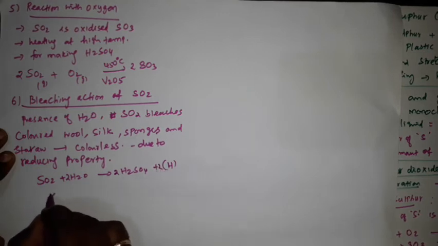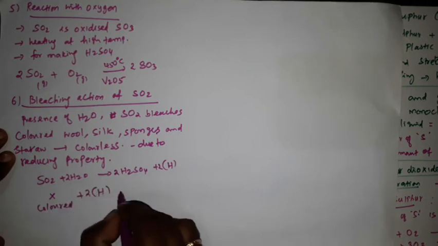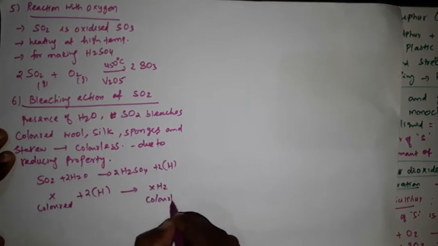So colored, we are representing X, this is colored, plus this nascent hydrogen 2, X H2, this is colorless. Okay. So that colorless product is allowed to stand in air. It is reoxidized by atmospheric oxygen to its original color.